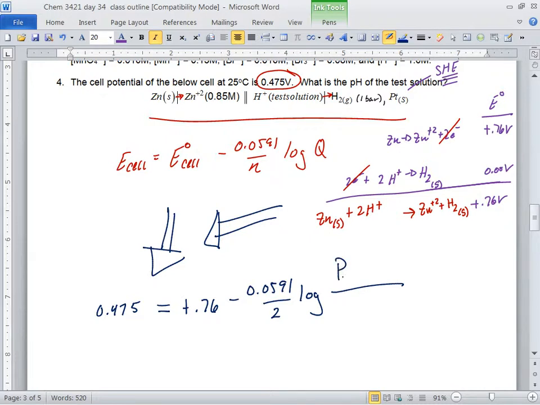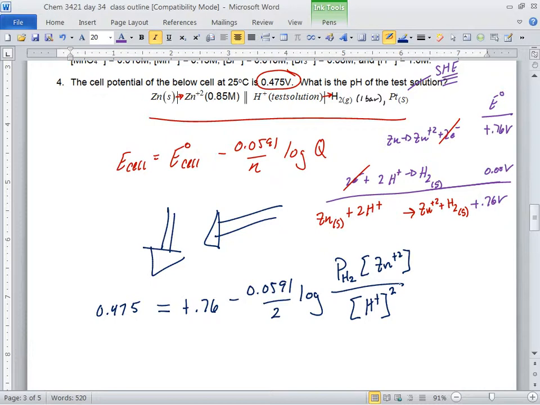Capital P, H2, divided by the concentration of the hydrogen ion squared. Perfect. Okay. And now we are solving.